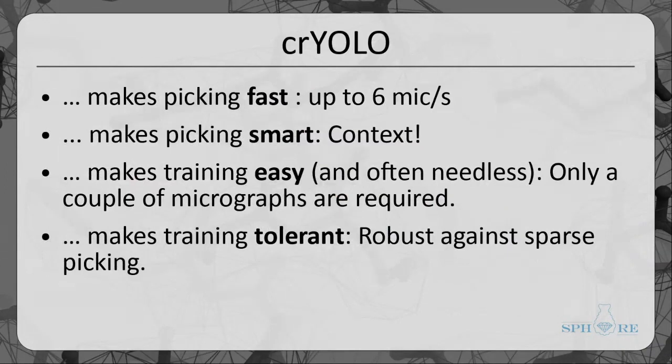And often the training is needless because the general model often performs pretty good on new data. And the training is tolerant. So in case you are not able to pick all of your particles during training because it's just quite hard to see them, crYOLO will still do the job.